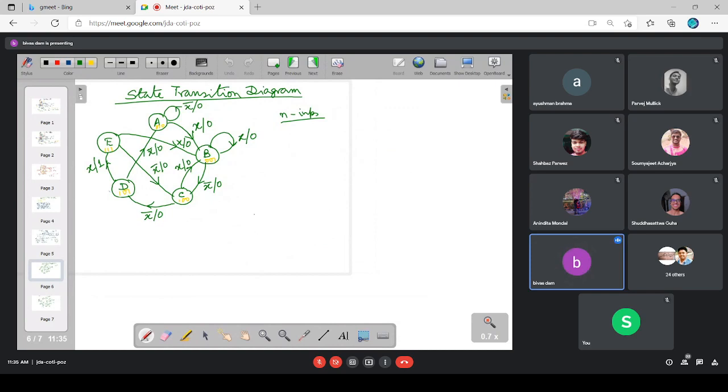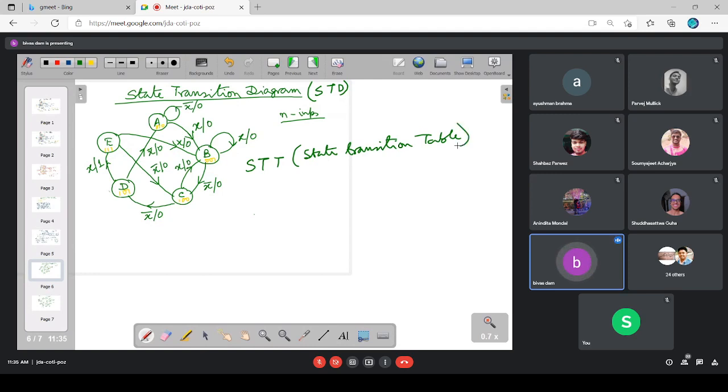Next thing is we have to go for the STT, that is the state transition table.